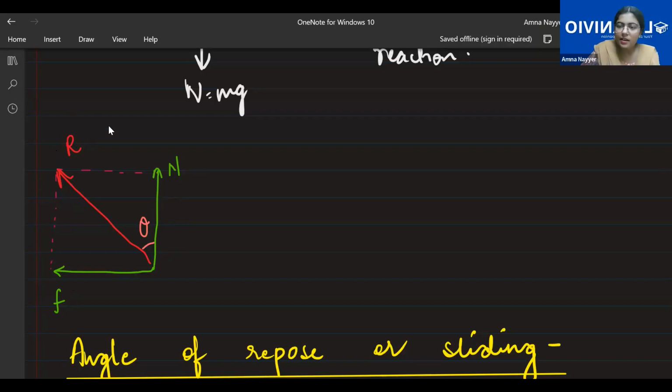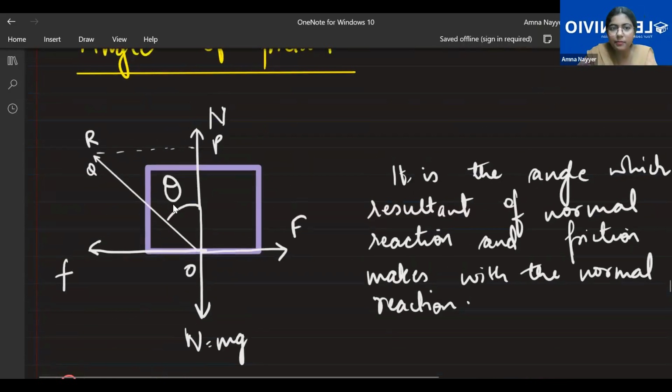What is this R? See, there are two things here. One is the normal reaction. This is the normal reaction. And this is the resultant of normal reaction and friction. So the angle between normal reaction and the resultant of normal reaction and friction is the angle of friction. Now come back to here.